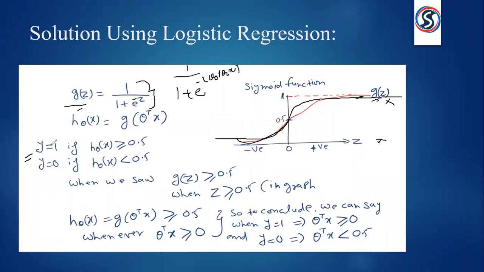If y is equal to 1, that means my pass or fail value, the output value, is 1 if h theta of x is greater than or equal to 0.5. That means if my h theta of x value is greater than 0.5, then my output will be 1. If it is less than 0.5, my output will be 0.